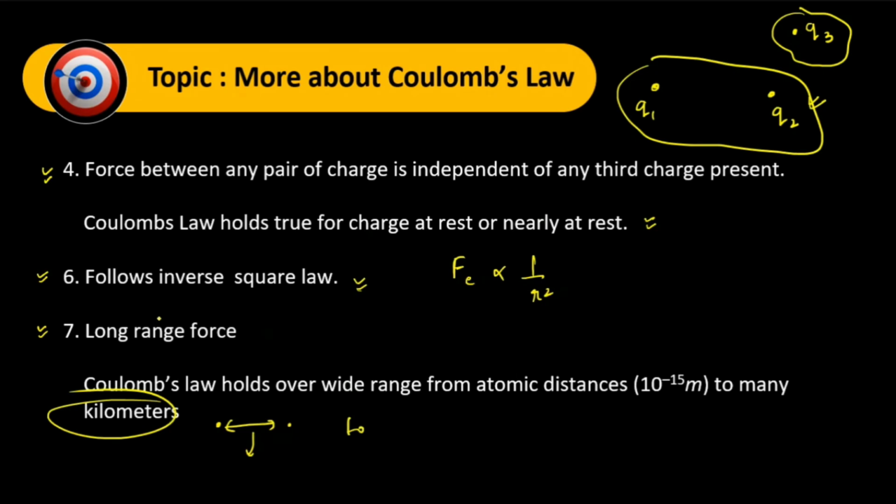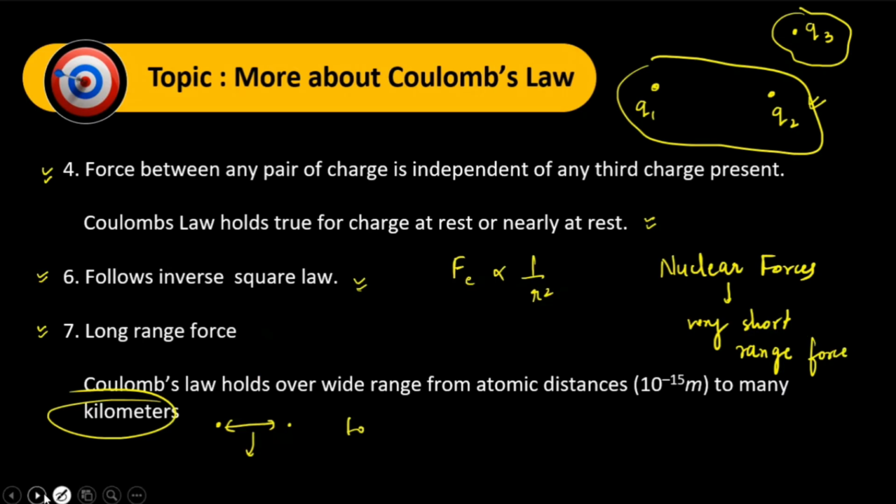Later on, in different units, we'll talk about nuclear forces, which are very short range forces. I'm just giving you an example to understand the difference between long range and short range forces. So Coulomb's law is a long range force; again, you need to keep that in your mind.